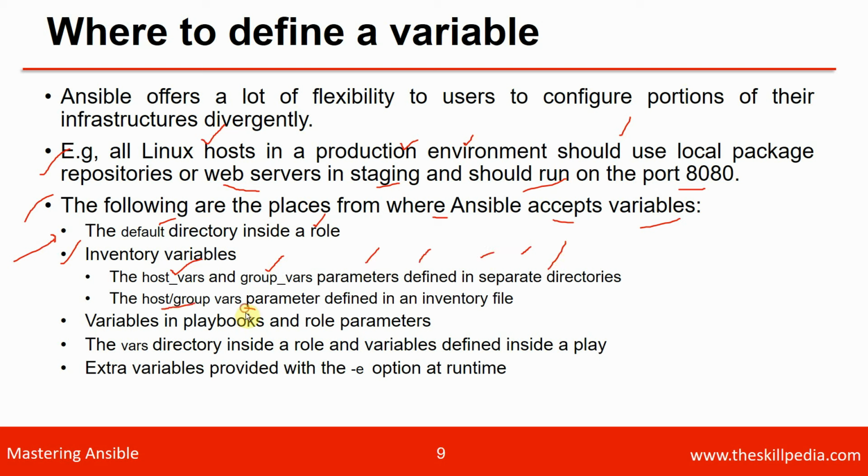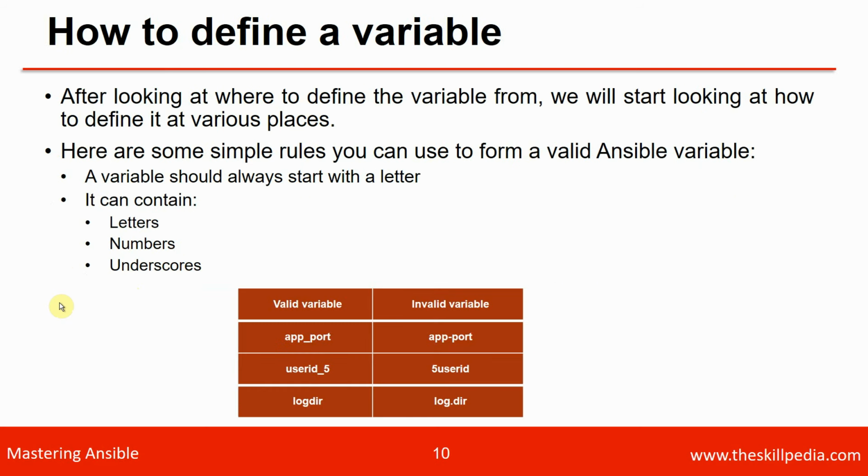Host or group var parameters defined in the inventory file. Variables in the playbook and role parameters, the vars directory inside the role, and variables defined inside a play. Extra variables provided with the -e option at runtime also. All these are places where you can define variables in Ansible. How to define it?